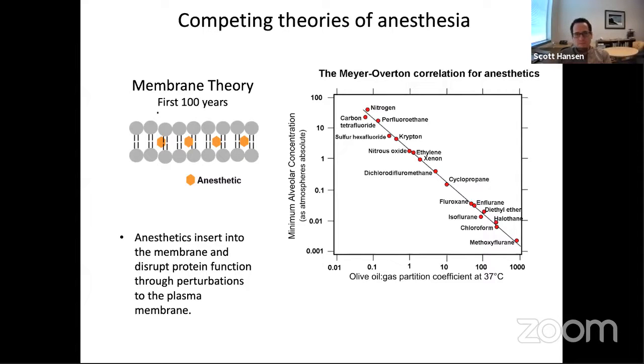For literally 100 years, people tried to associate this membrane effect or this perturbation on a membrane with an ion channel or with some protein, and they simply did not succeed at that. There was no link between the membrane and how there would actually be a loss of consciousness.